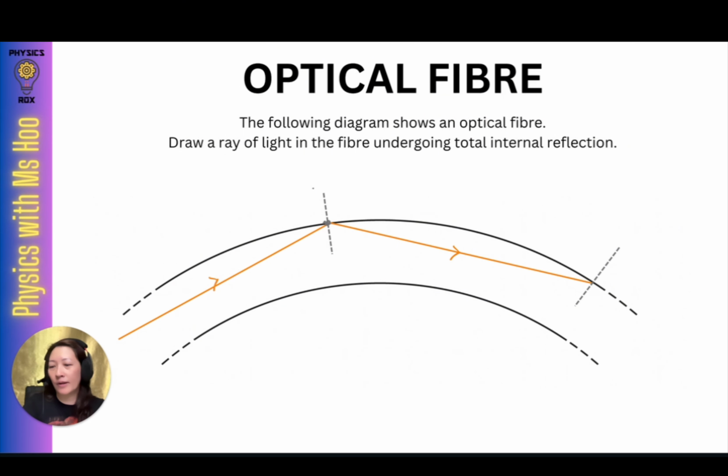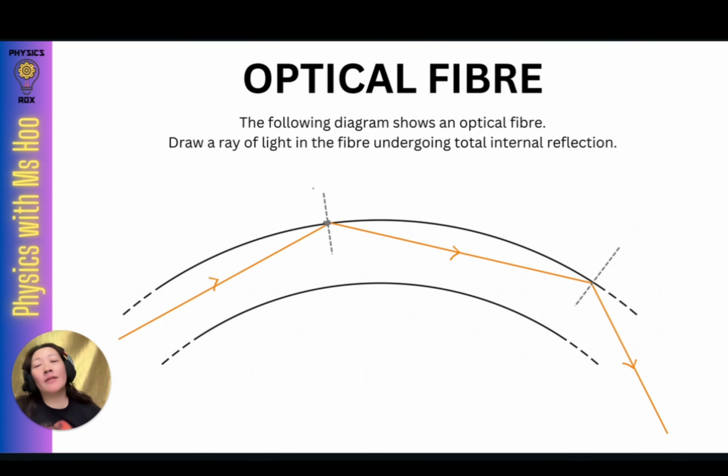I'm going to draw the arrow here. And then the second reflected ray. Like so. So this is how you can draw the ray of light undergoing total internal reflection in an optical fiber.